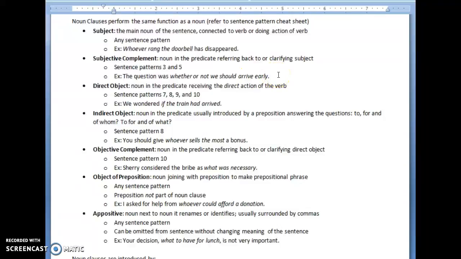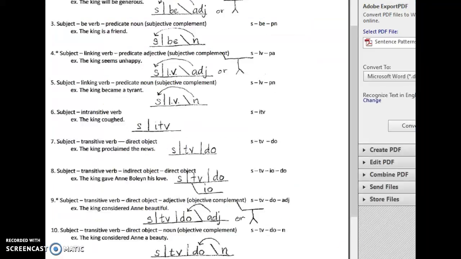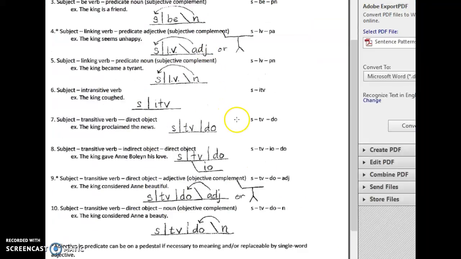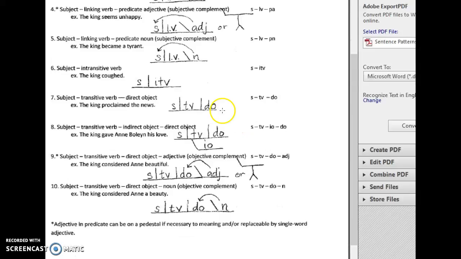The next noun that we could identify is the direct object. We've looked at direct and indirect objects a lot with our transitive and intransitive verbs. So direct objects are in sentences 7, 8, 9, and 10. And then we have the indirect objects also in sentence pattern 8.